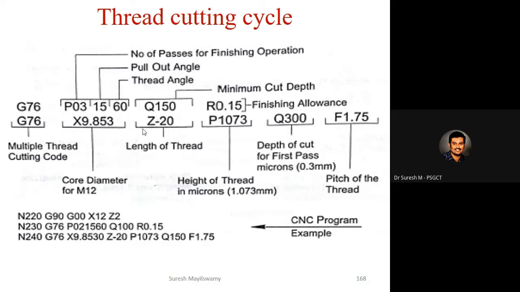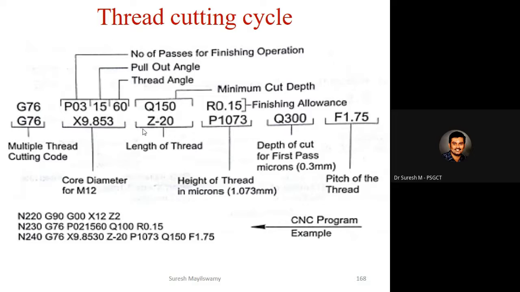In the next block, X is the core diameter. So here an M12 thread is formed, and the outer diameter, that is the major diameter of the thread, is 12 mm, but here we should give the minor diameter, which is called the core diameter.